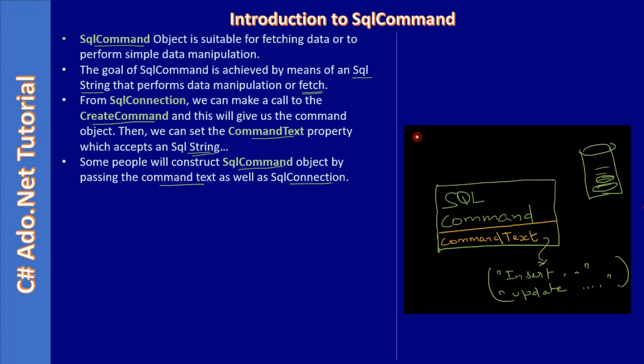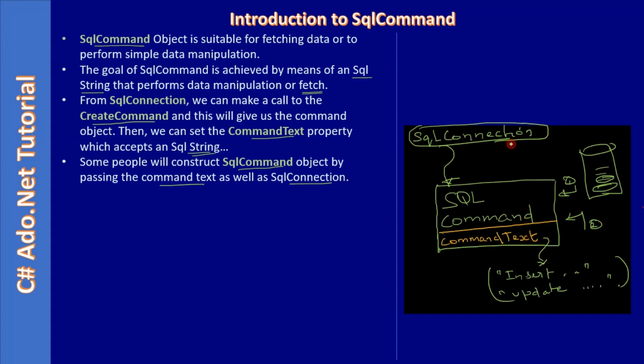Once you have a SqlConnection, that's one way. From the SqlConnection, you can retrieve the SqlCommand and set the CommandText property. Or when you are constructing the SqlCommand, at that time itself, you can pass the command text as one parameter and the connection as one more parameter. There are two ways of constructing it.